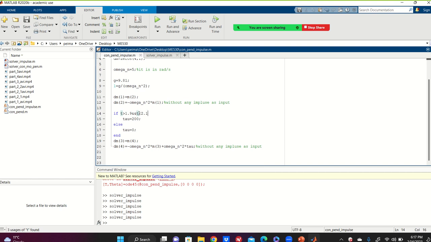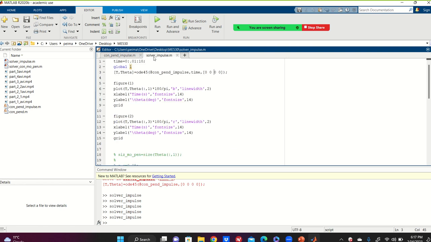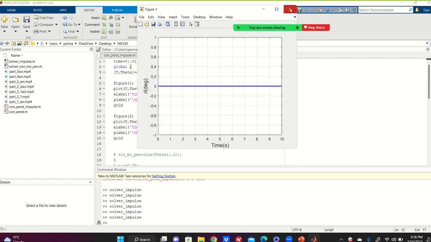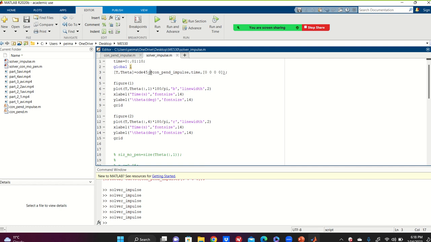T 2.1 is 10 seconds. What's wrong? No, here, here it's at.